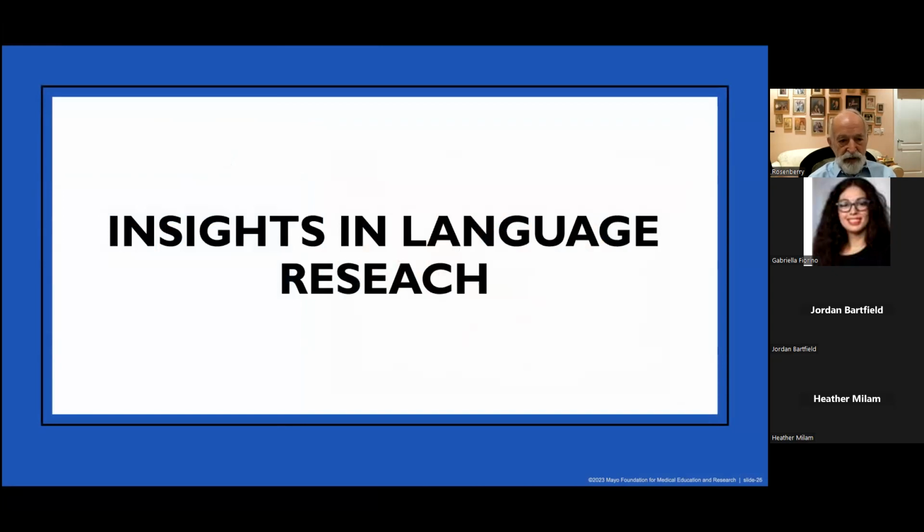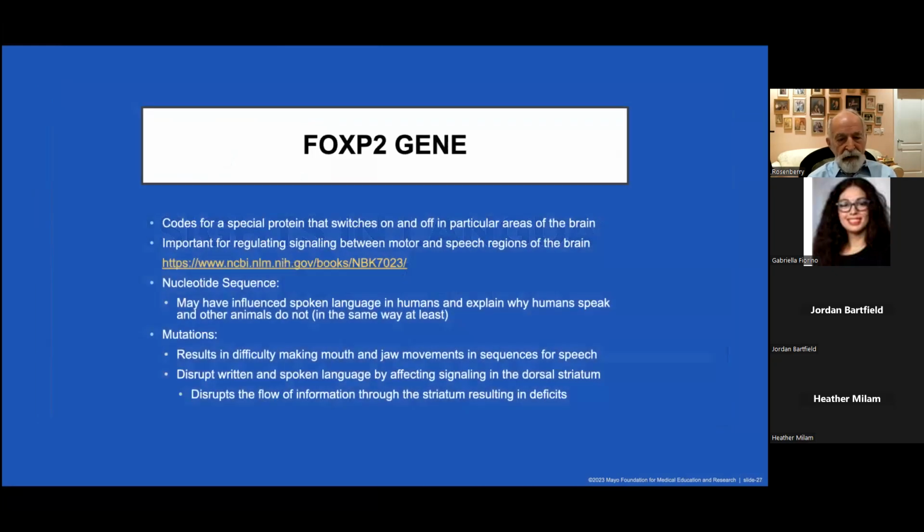Insight into language research. The FOXP2 gene is an example of a so-called regulatory protein that turns other genes on and off in a variety of cells, including neurons.